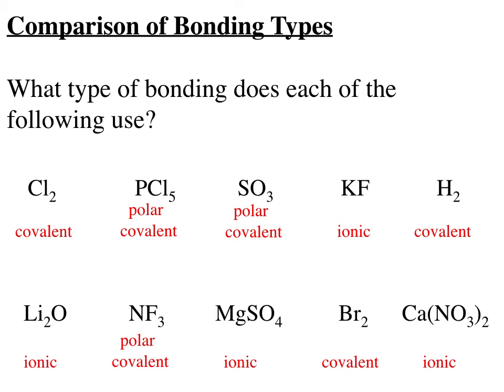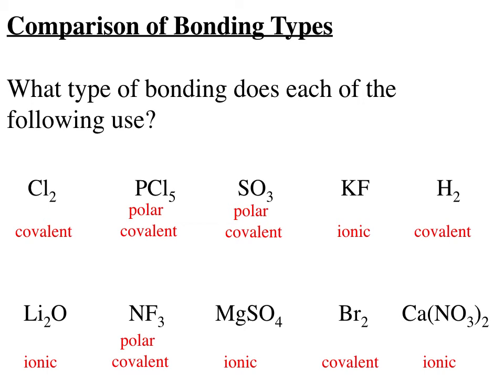So we have these 10 different species on the slide in front of you, and the question is, which of the 3 types of bonding does each of the following use? Again, remember, they're only going to use one of these types of bonding, and it's going to be based on the relative electronegativity of the combining elements.